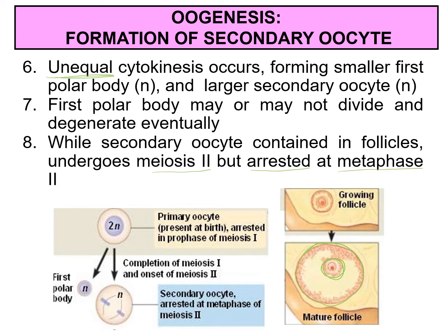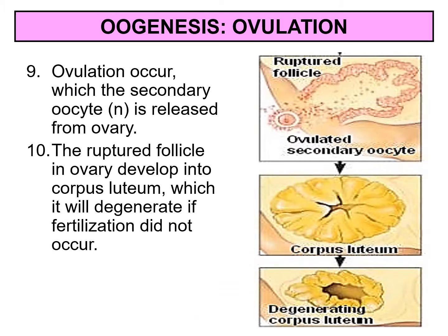So imagine metaphase 2, what is the behavior of the chromosomes? The chromosomes are no longer in pairs. They are already separated through meiosis 1 during anaphase 1. So at this stage it will stop with the chromosomes aligned at the metaphase plate. So it stopped there. Then the secondary oocyte will be released through the ovulation process.